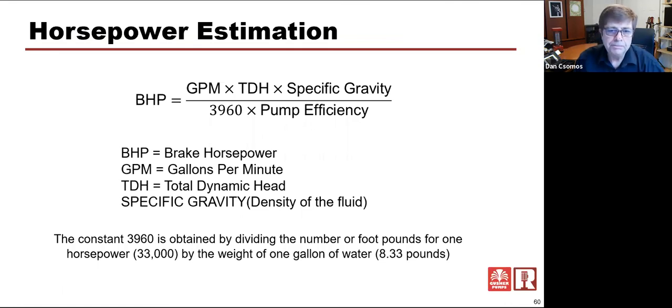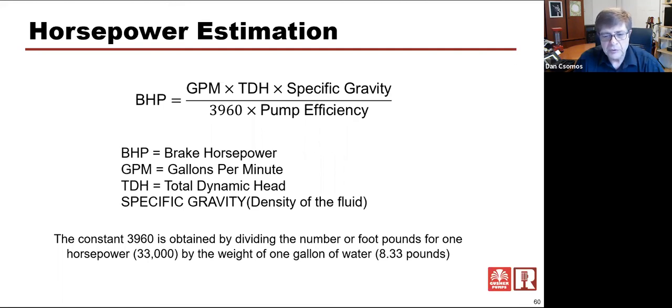And if you knew, or thought, that you were running 400 gallons a minute at 100 feet of head, and your specific gravity, for simplicity let's say it's water, so that's 1. So we basically wipe that off the top. It's gallons per minute times foot of head. 400 times 100 is 40,000, right? I think so. Divided by 3960, which is a constant conversion number, times the pump efficiency.